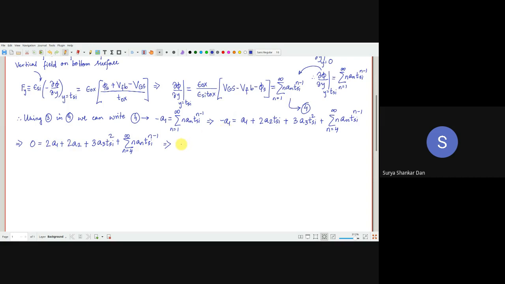Let us add the summation n equal to 3 to infinity a_n tsi to the power n minus 1 on the left hand side, and on the right hand side we will add 2a1 plus 2a2 plus the summation n equal to 3 to infinity a_n tsi^(n-1) with a 2 here, plus the remaining things as usual. So 2a2 into tsi.